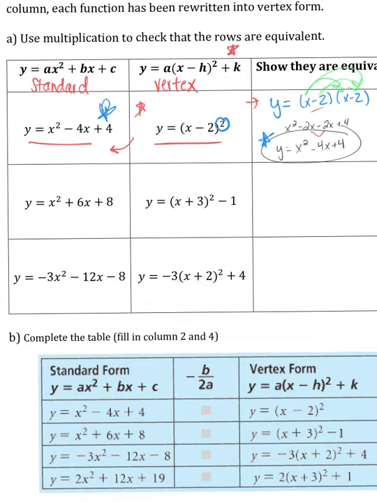Okay? So we are going to go ahead and do the next two together. All right, so remember, we want to change the vertex form to get it to be equal to standard form. Okay, so the first thing I need to do is PEMDAS. I need to do my exponent, right? So what I'm going to do is write this down in a different way.